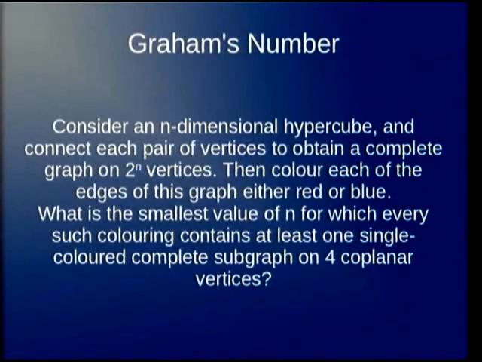Well, the graph coloring is used a lot in scheduling algorithms, in compiler optimization, register allocation, all those sorts of things. And Ronald Graham figured out that he knew that the dimension of the hypercube was greater than 6. He also calculated the largest bound of this.